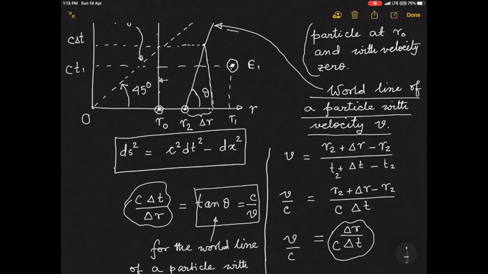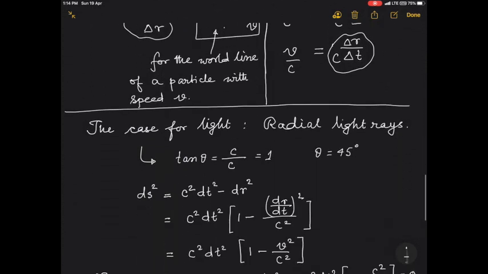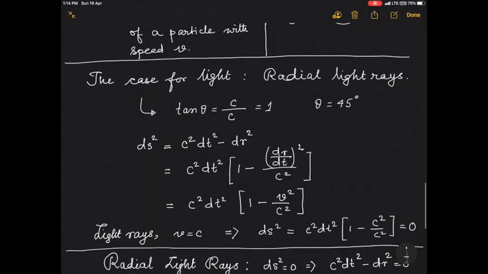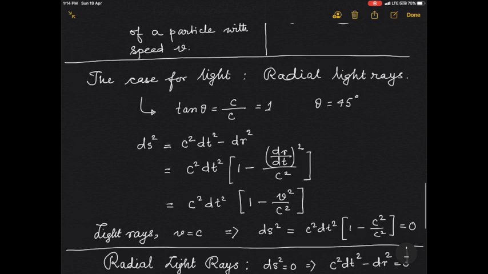Then we figured out that for the world line of a particle with velocity v, the tangent of the angle is given by c by v, where c is basically the speed of light. And if I consider a radial light ray, then the velocity is also c, so tan theta becomes 1, theta becomes 45 degrees and ds square is 0.